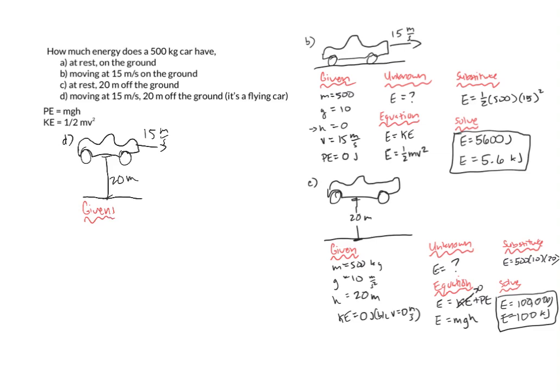So first of all, I know that the mass of my car is 500 kilograms. I also know that little g is 10 meters per second squared. I know that my car is 20 meters off the ground, and that it has a speed of 15 meters per second. And I am ready now to go on and list out my unknown.